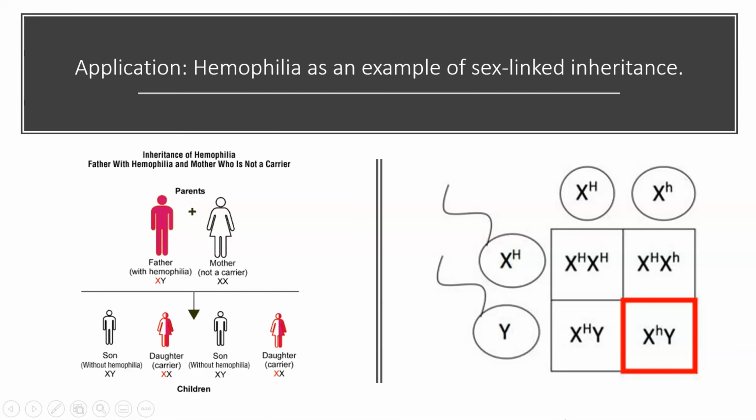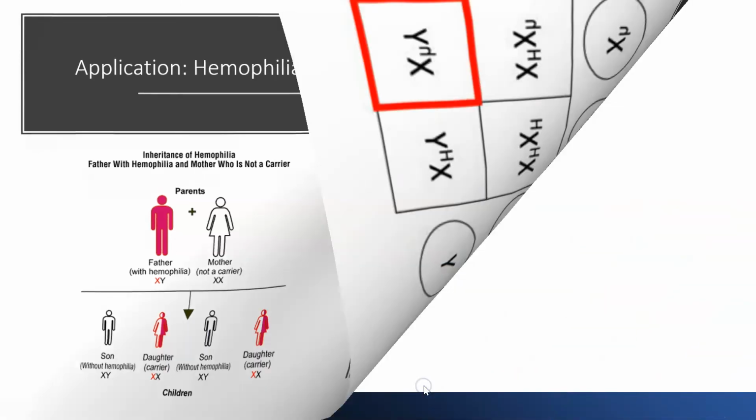So if you look at your Punnett square of the outcome, we've got our sex chromosomes, our X and our Y, knowing that haemophilia is X-linked. This is a carrier, this is normal, this is normal, this has the disease, the condition.